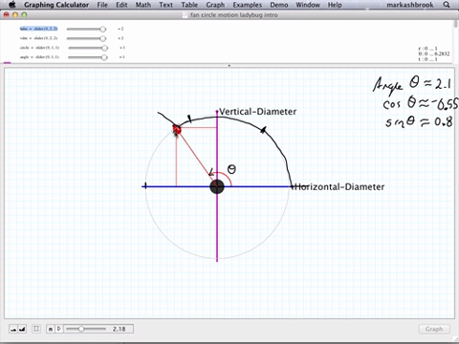Yep, this red line right here represents sine of theta, and we're estimating sine of 2.1 to be about 0.8. Positive because it's above the horizontal diameter. Okay, this is more review. Any questions on that?